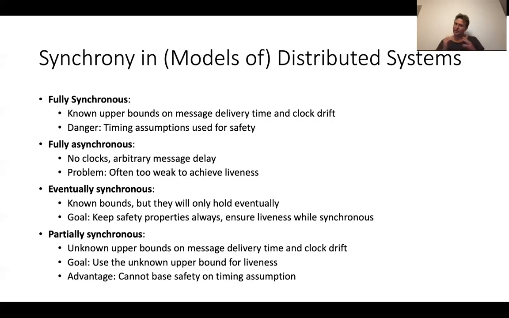But we'll weaken the model a little bit and say, this might not always be the case. There will be periods in which the system is asynchronous, in which messages can get delayed arbitrarily long, and where clocks will drift. But we assume that, again, at some point, the system will become synchronous for long enough.